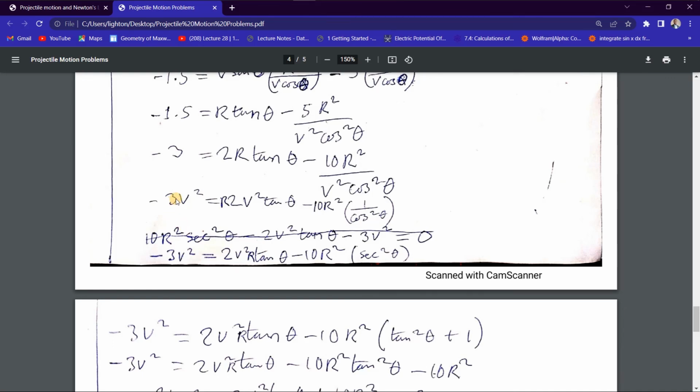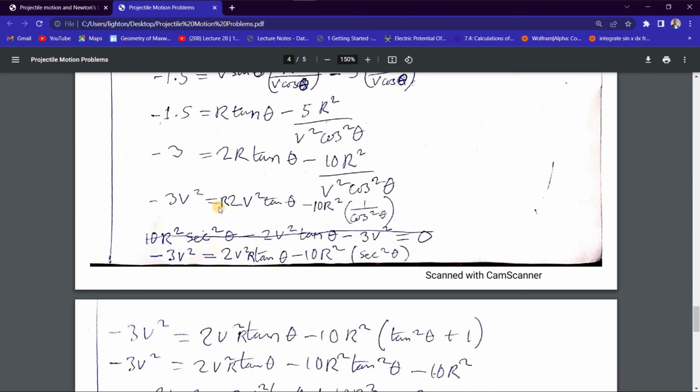And from there we can now multiply both sides of this equation by v squared. So we're going to have minus 3v squared equals, of course, this 2 was supposed to be in front of the R, but here I just put it as R 2v squared tan theta, but you're supposed to put this 2 in front of the R. It's supposed to be 2Rv squared tan theta minus, if this one also multiplies with the v squared, it will cancel with this v squared, and we're going to just have the 10R squared and 1 over cos squared theta.